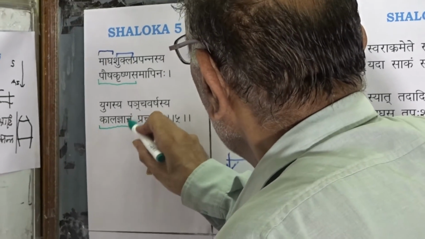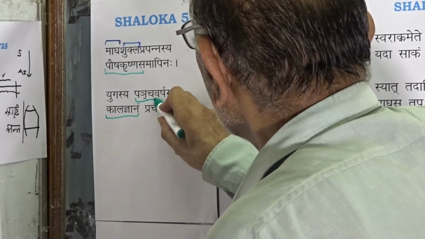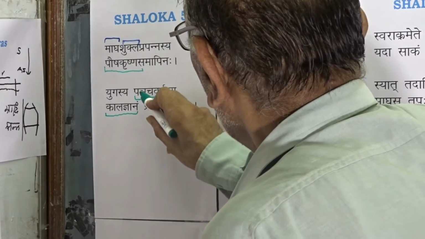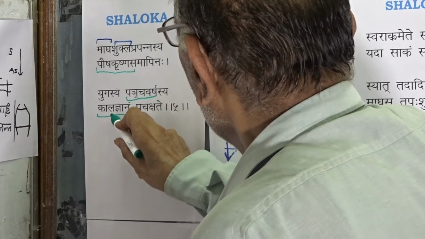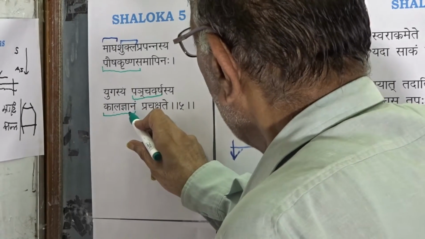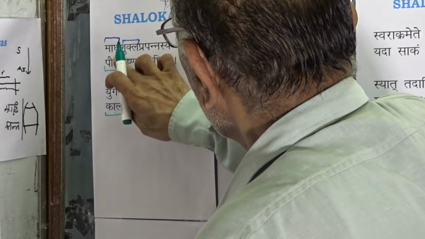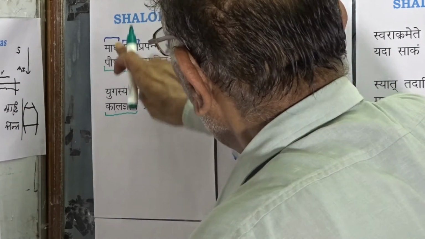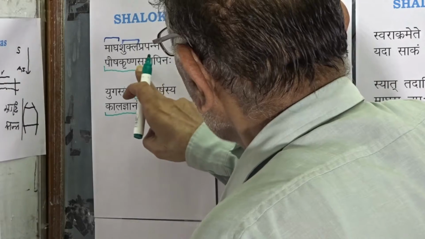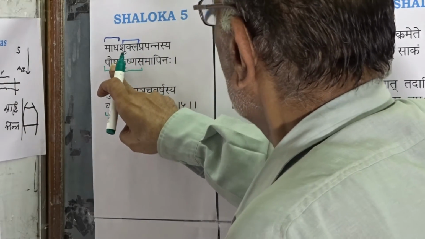So the Kal Gyan of a 5 year duration Yuga, the timeline knowledge, begins with the first date of the Shukla Paksh of the Magh, and it takes up till the last date of the Krishna Paksh of the Paush.